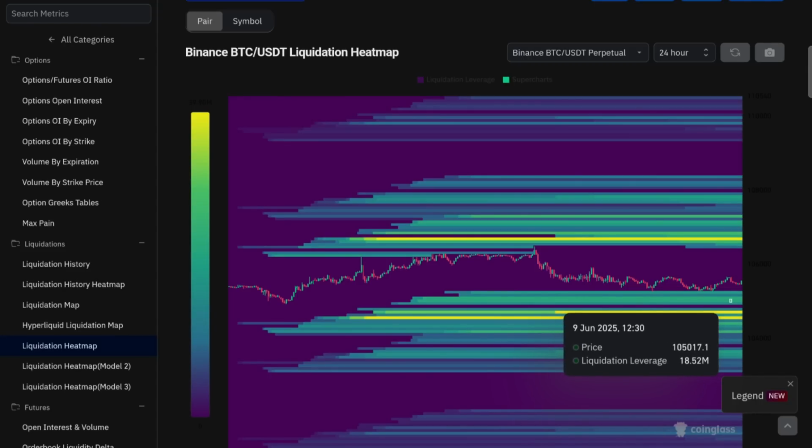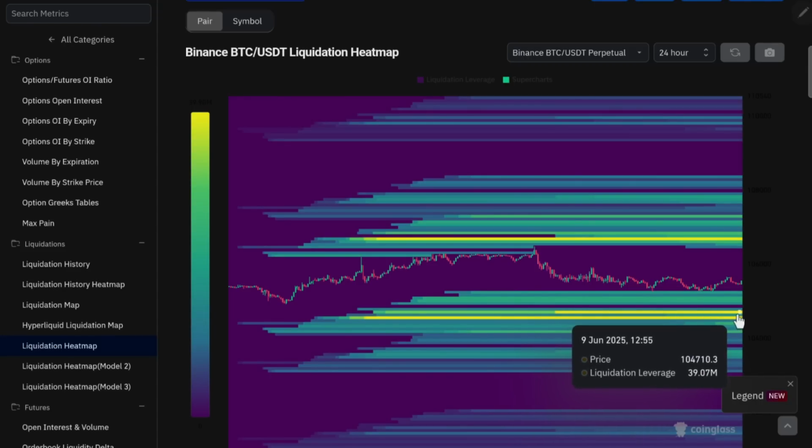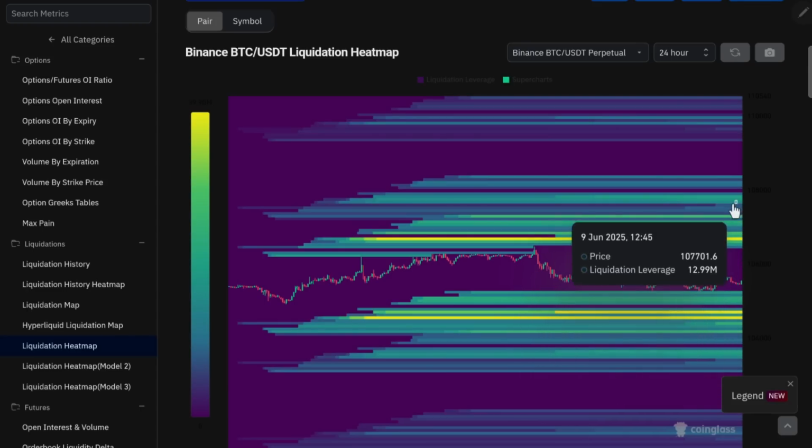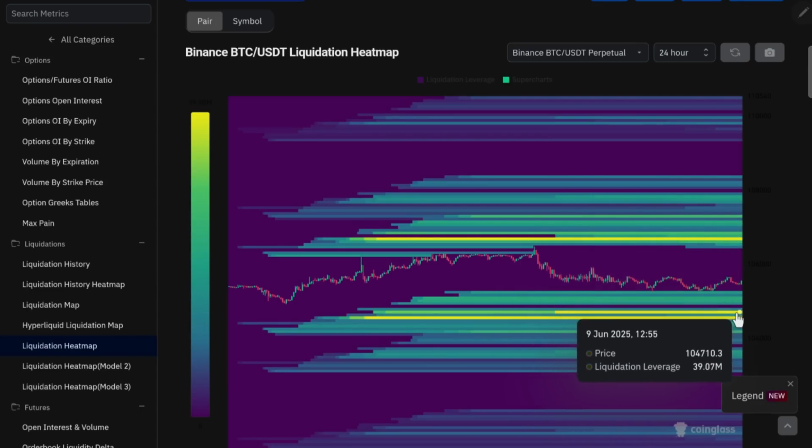So guys, you should always focus on the highest liquidity levels, which are concentrated at one particular price range. Here there are two yellow lines with huge liquidation, and here there's 39.9, almost $40 million in liquidation. Now the light green to purple zones don't matter, because whales or institutions don't go behind that low liquidity.